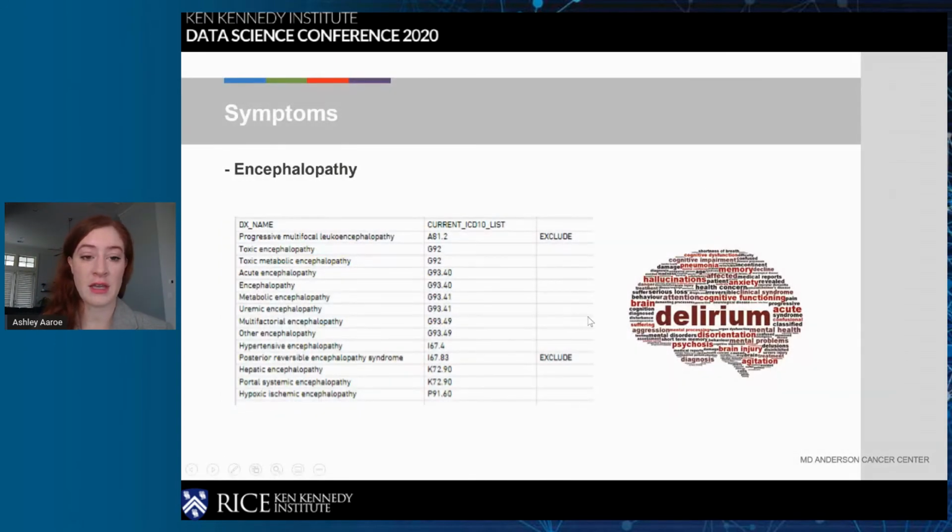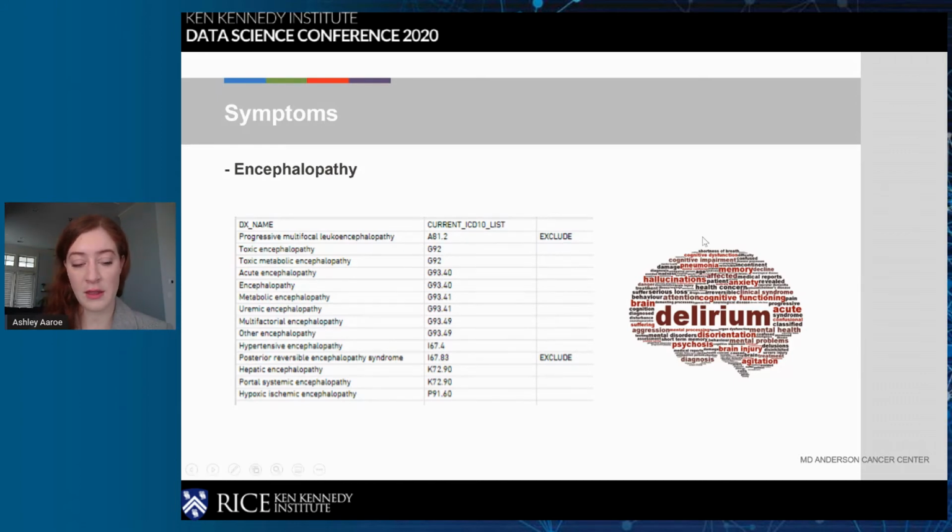We've also been looking again at neurological symptoms. One of the larger projects that we've been working on is identifying patients with encephalopathy. This graphic from the Alzheimer's Association represents, I think, very well the different things that can go into encephalopathy, which is synonymous with confusion or delirium.